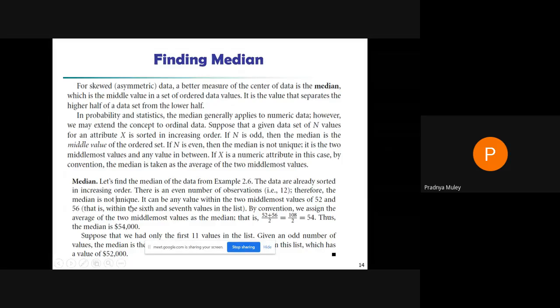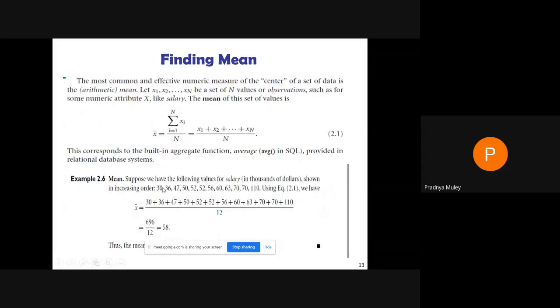So if we consider this data set of 12, there is no single middlemost value. So what we can do is take the two middle values, 52 and 56, the fifth value and the sixth value, and find the average of them.